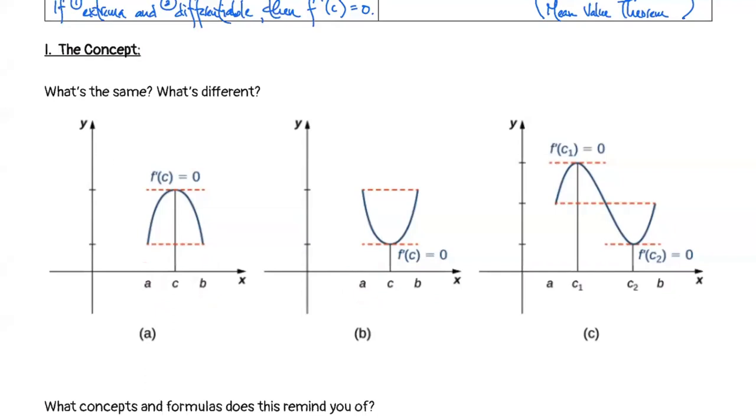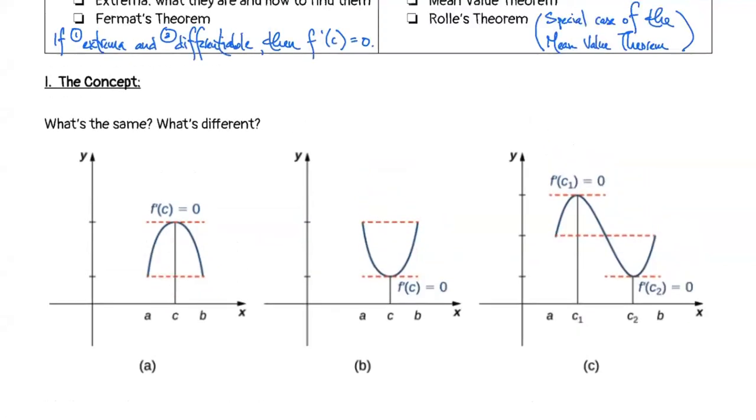Does it start at A and end at B? Yeah, okay. So I like that in terms of thinking about the concept, maybe something that is the same. Let's start listing these out. We've got domain of all three is A to B, and I'm going to use square brackets so that I know I'm including A and I'm including B.